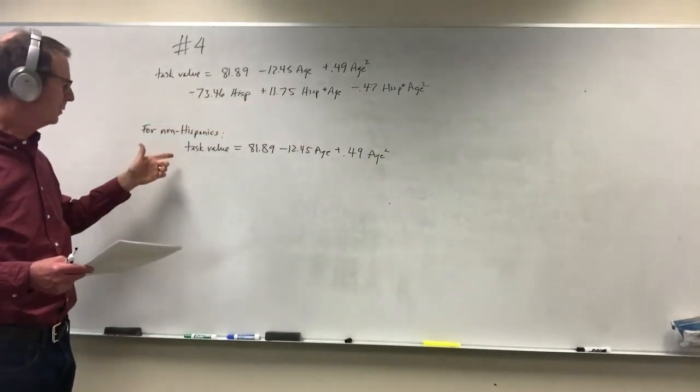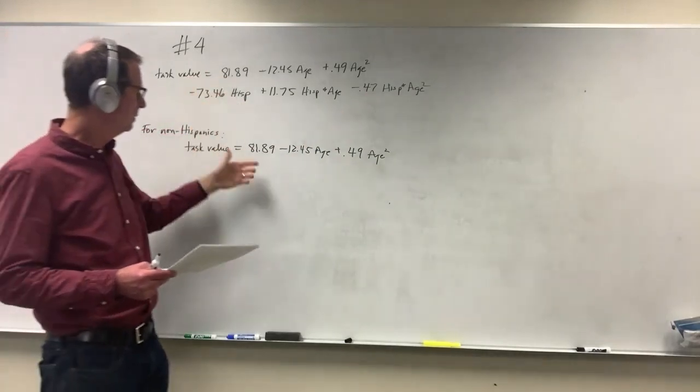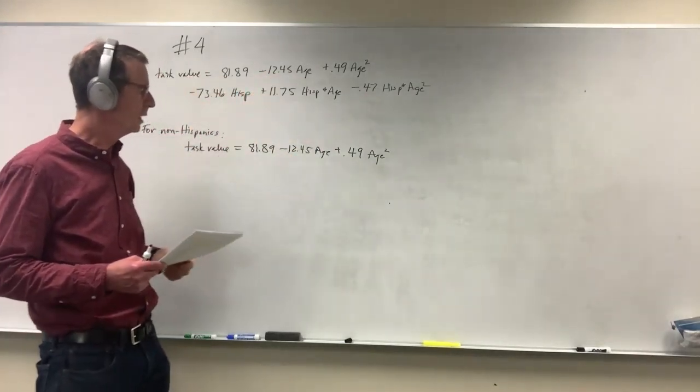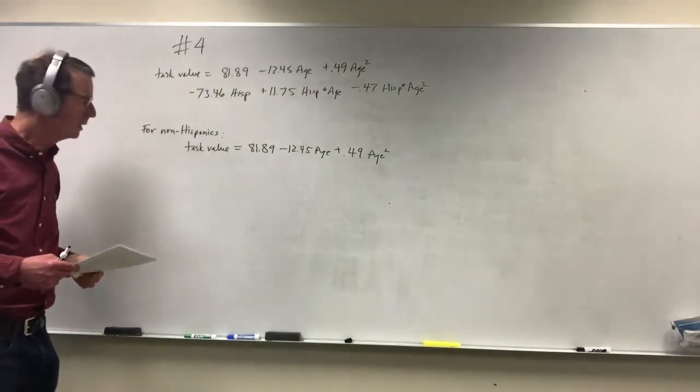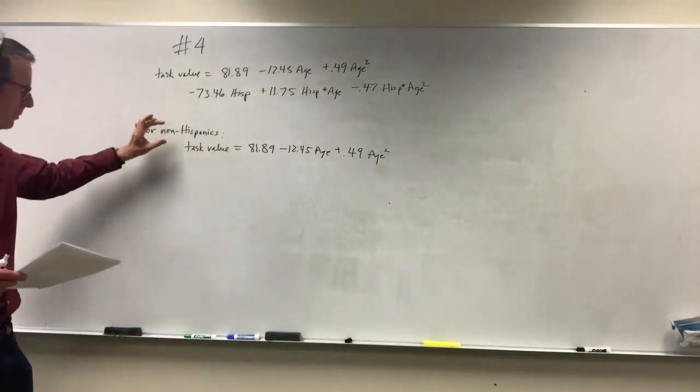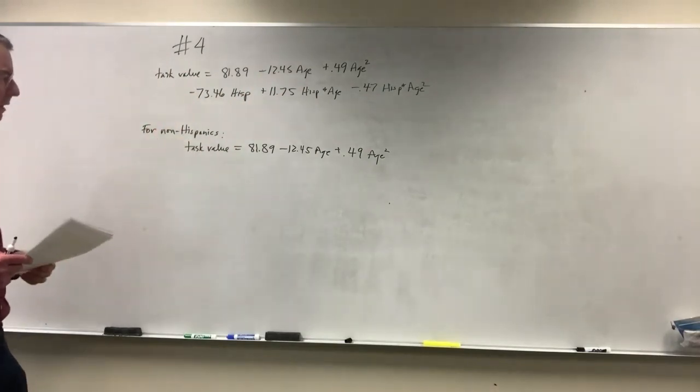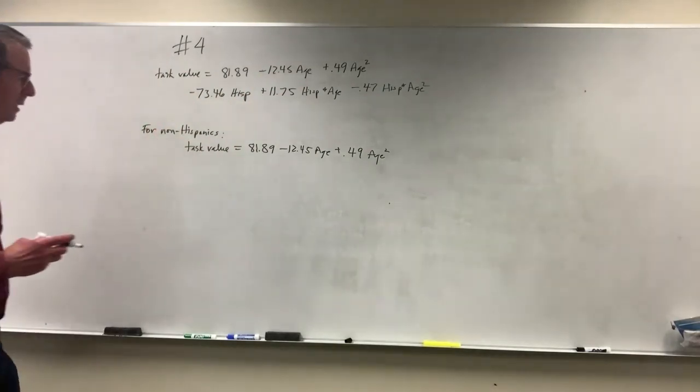So you're just left with task value is the constant minus 12.45 age plus 0.49 age squared. And all of these questions are about non-Hispanics, so they are based on this equation.